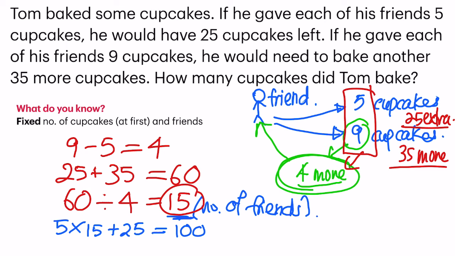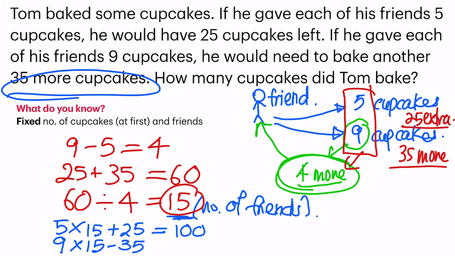I should get the equal number of cupcakes. Let's see if it works. So 9 times 15 friends. And remember, he did not have the 35 cupcakes at first. So minus 35 instead of add. I will also get 100. So which means that the 15 number of friends that I've gotten is correct.